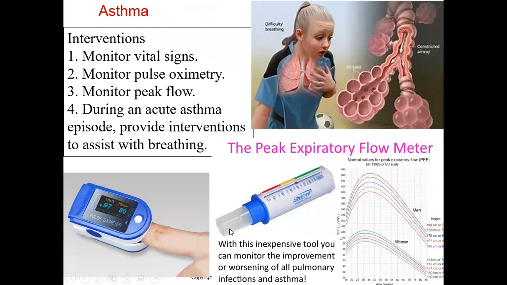So the patient has to push the air through this opening. With this inexpensive tool, you can monitor the improvement and worsening of pulmonary function and asthma. When you push the air, how far the indicator goes depends on the pressure of the air. If the indicator comes in the green zone, it means asthma is well controlled.